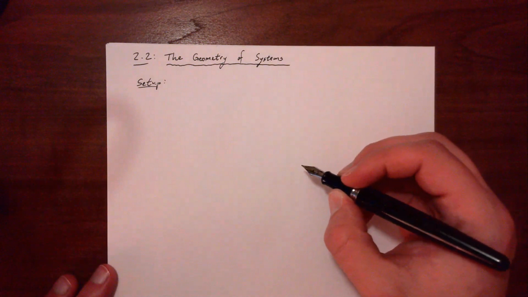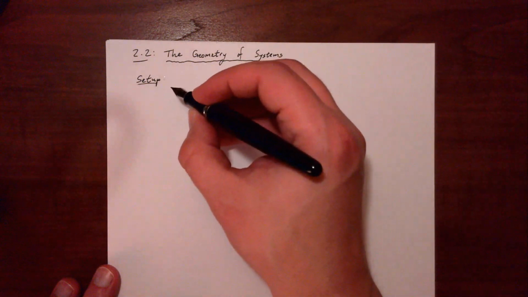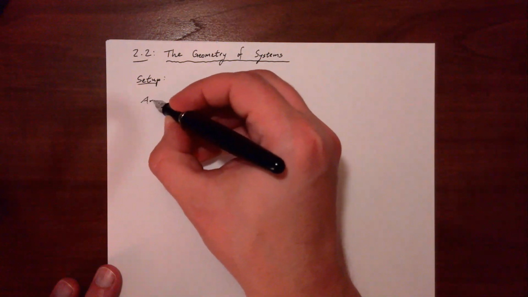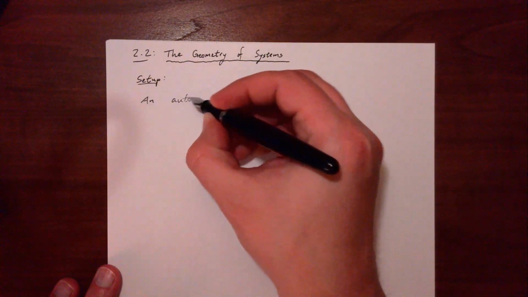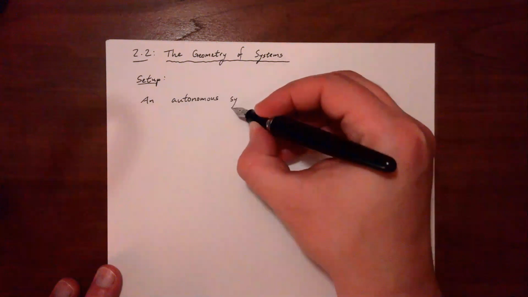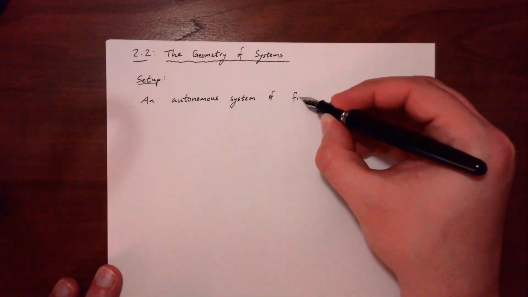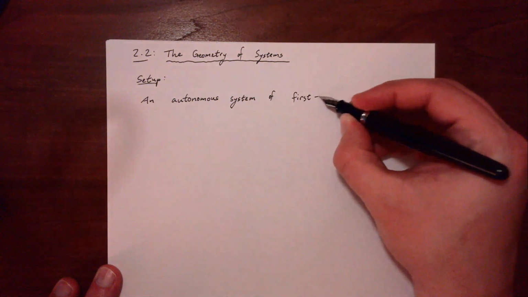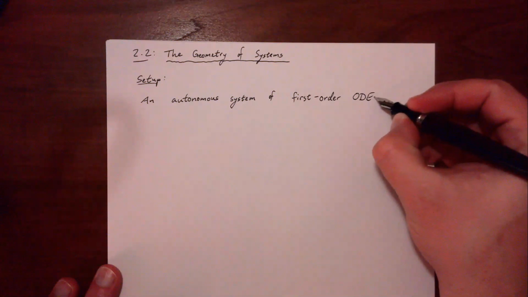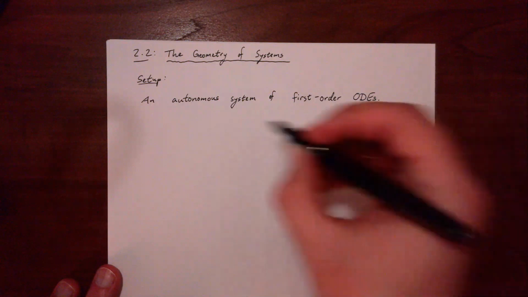The systems of differential equations that we're going to be looking at in this section are going to all be autonomous systems of first order ODEs, and in particular, we're going to have two variables in our system.